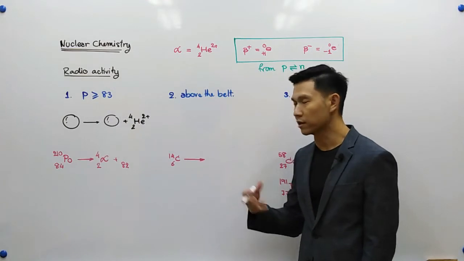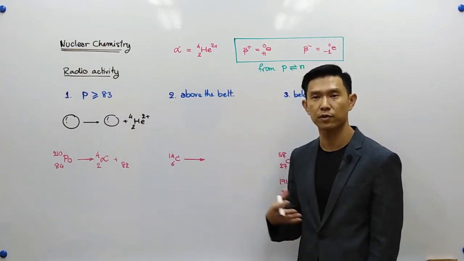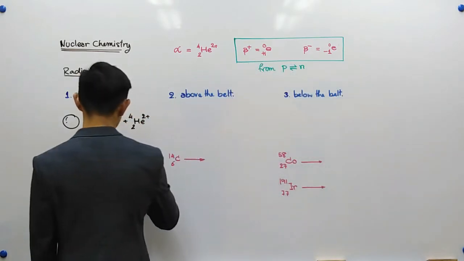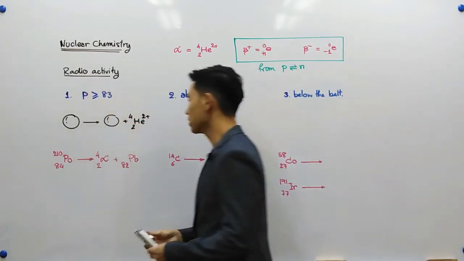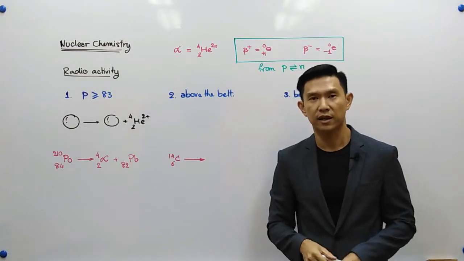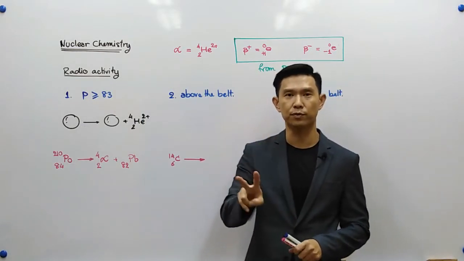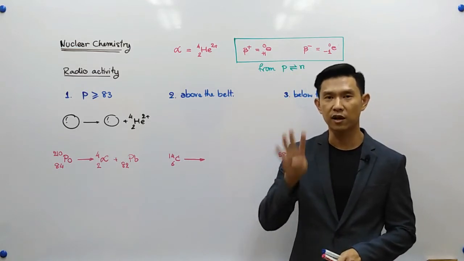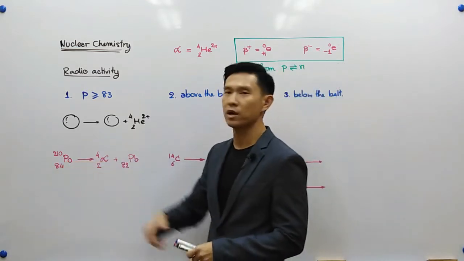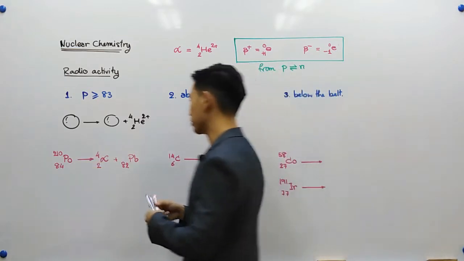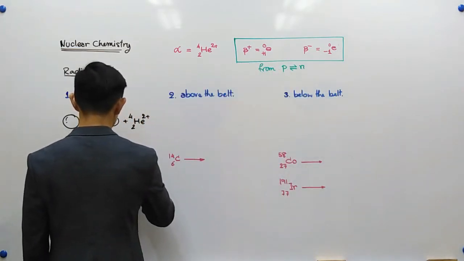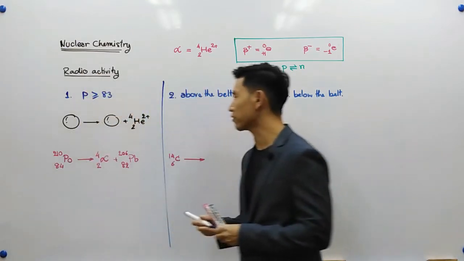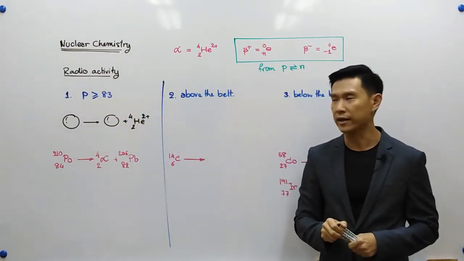And then the element is changed from polonium-84 to element number 82, and element number 82 is lead. So you have lead as a product. And because you released 2 protons and 2 neutrons, the mass lost is 4 units. If you lose 4 units of mass from 210, it is reduced to 206. So this is the first kind of radiation, the alpha radiation.